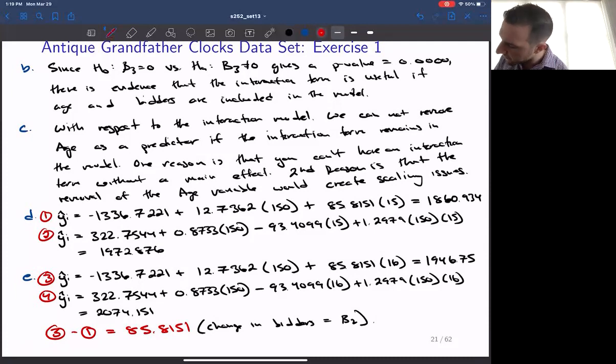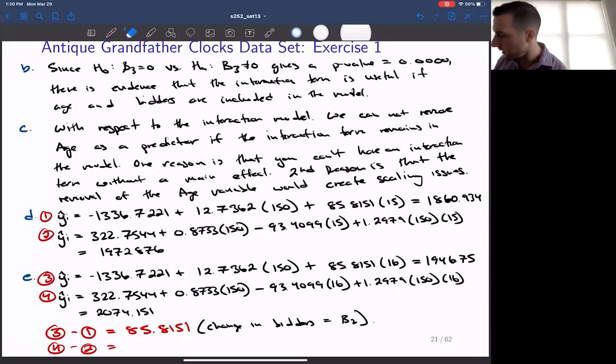Okay, now let's consider 4 minus 2. If we do 4 minus 2, and we've done the exact same thing, we've only increased the number of bidders by 1 unit. The difference here is now 101.275, right?